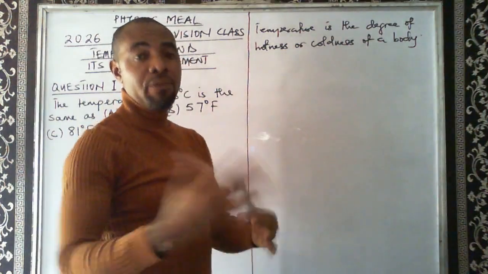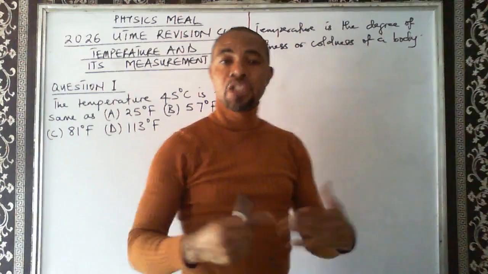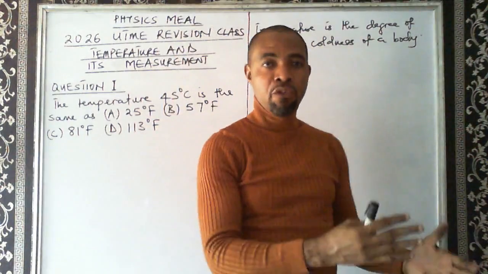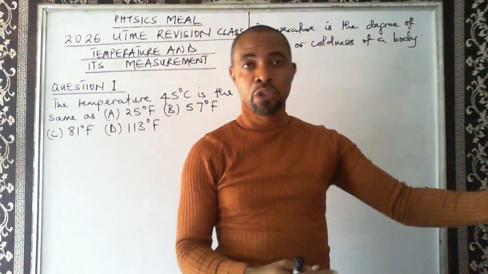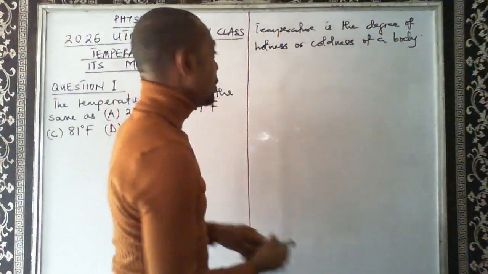So alternatively, like I said, we say that temperature is a thermodynamic property that shows us the direction of heat flow, where heat flows from and where heat flows to. That can only be shown to us by temperature.